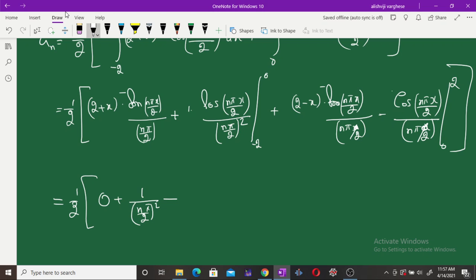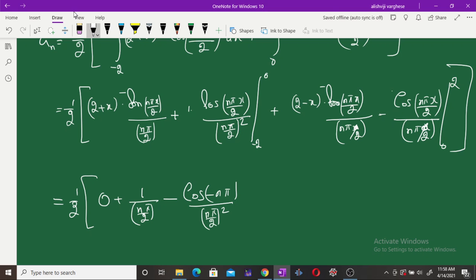Then minus the lower limit, when x is equal to minus 2, the first term will vanish, and when x is equal to minus 2, this particular term becomes cos of minus n pi divided by square. Okay, here we don't have a square. So that's the lower bound.